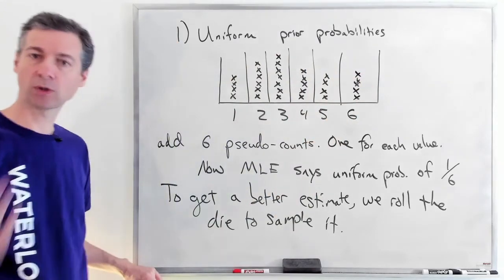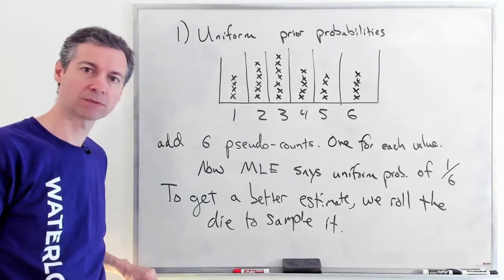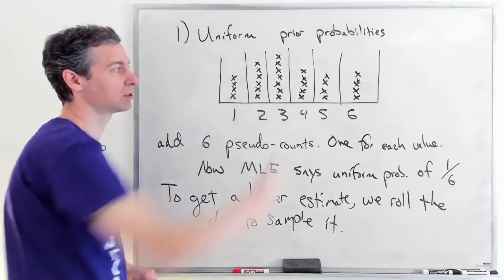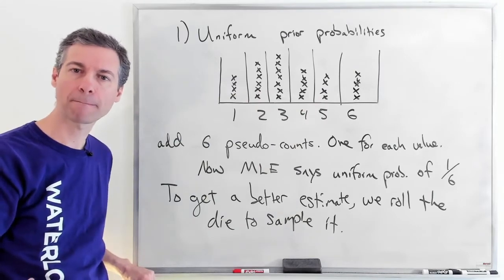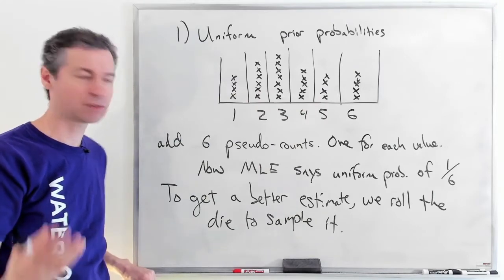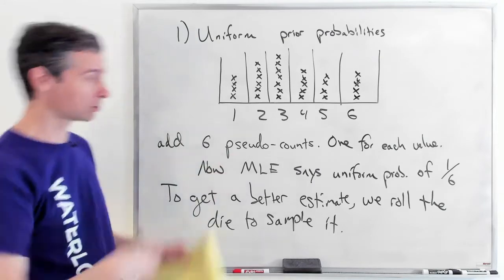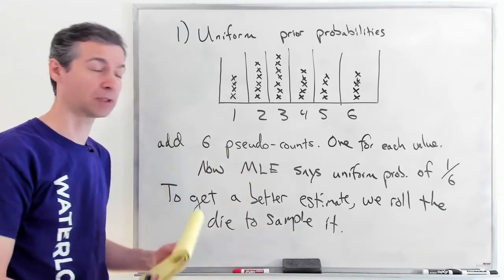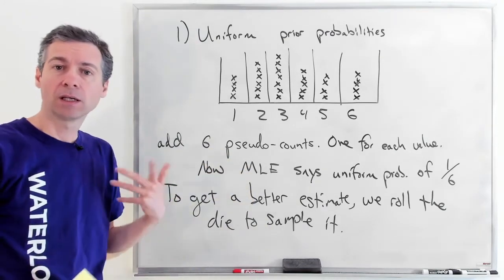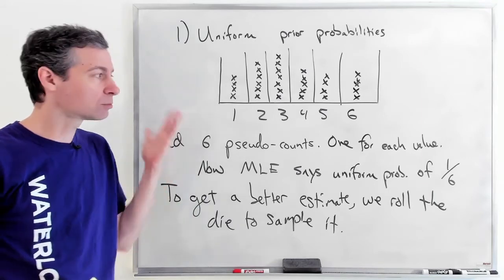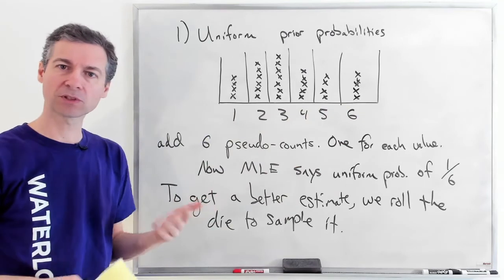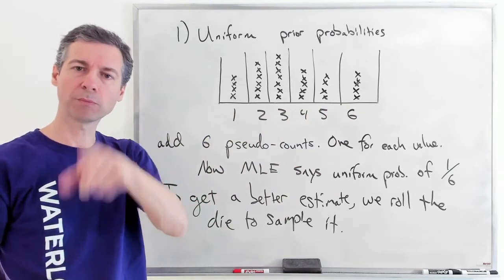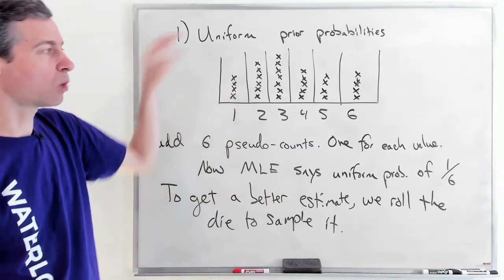Now, after a whole bunch of samples, I have the following distribution. I can compute my probabilities. And you can see it was actually a strangely biased die, as far as we can tell. My original prior probabilities, as I do this more and more, are getting washed away.